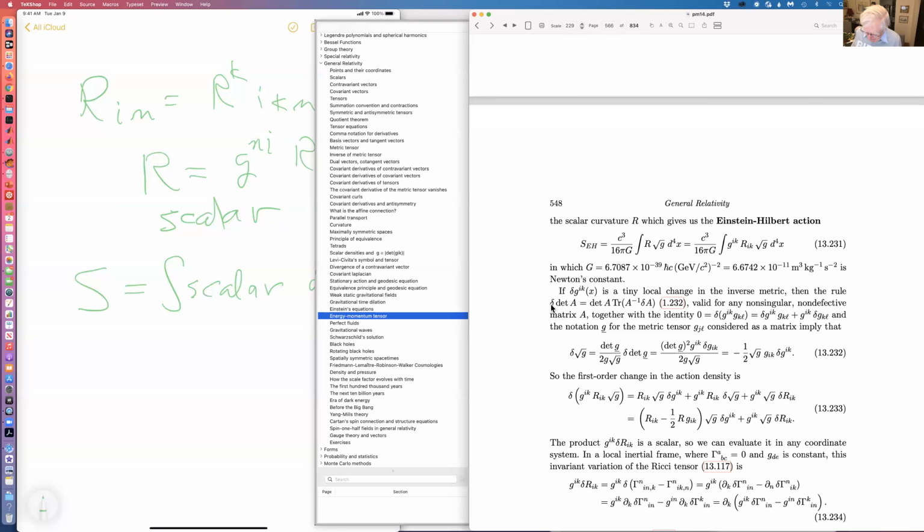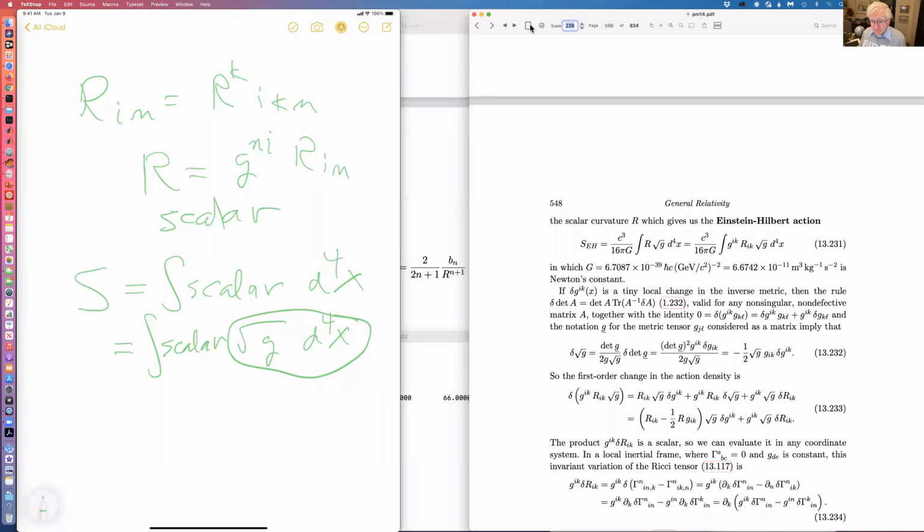But here in general relativity, what you want is scalar times the square root of g d^4x. The square root of g with d^4x gives you something that is invariant. And then the scalar is invariant. So altogether, the action is invariant under general coordinate transformations. And so what you have then is R square root of g d^4x.